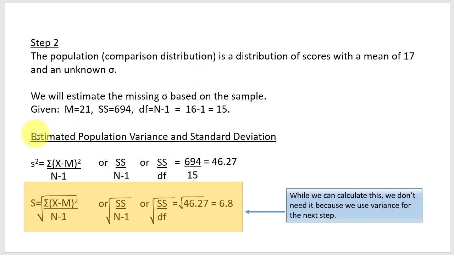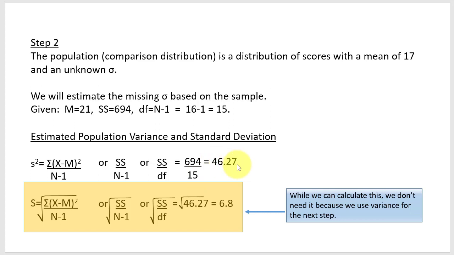So S squared, the unbiased estimate of the population variance, is equal to the sum of squares divided by n minus 1, or SS divided by n minus 1, or SS divided by degrees of freedom, you can see that there's a lot of different ways to write this, equals 694 divided by 15, which equals 46.27.